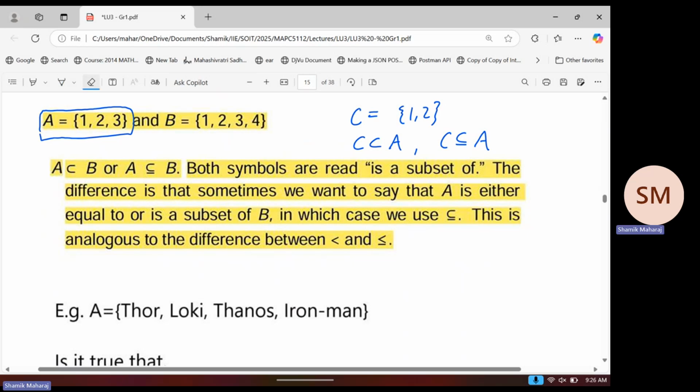But now suppose I changed C above and I made it 1, 2, 3 instead. Now, which of these two is still true? Both of them are still true, right? So we've not established the difference between this proper subset yet.